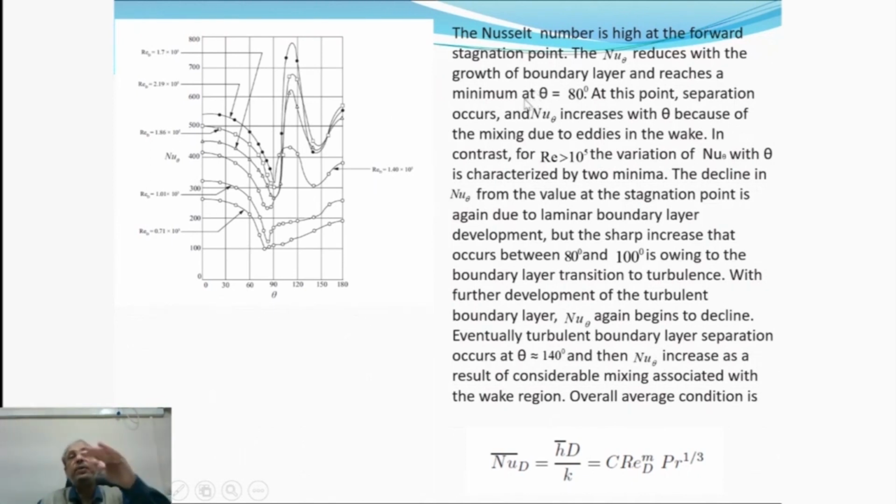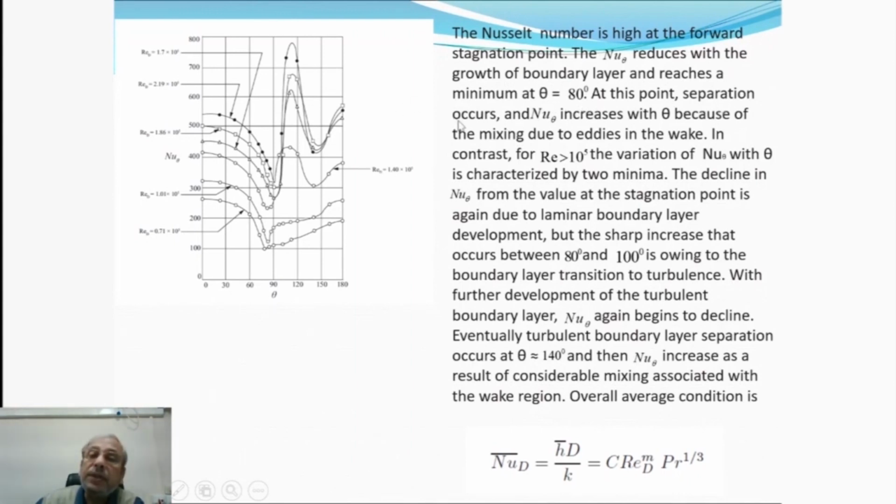So for high Reynolds number flow, the separation point basically moves forward, and from the leading edge, around 81 or 82 or 80, depending on the accuracy of measurement, the flow separation takes place. So Nu theta again reduces with the growth of the boundary layer and reaches a minimum at theta equal to 80.